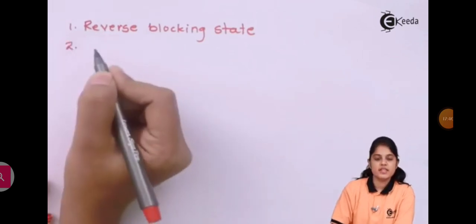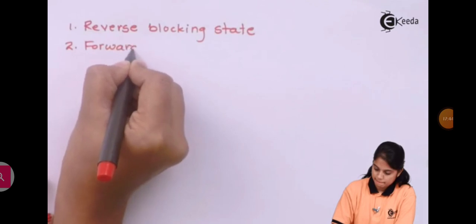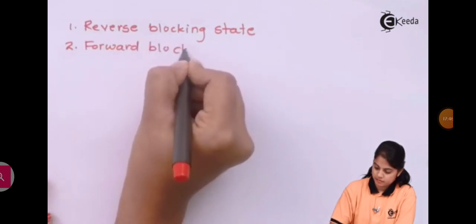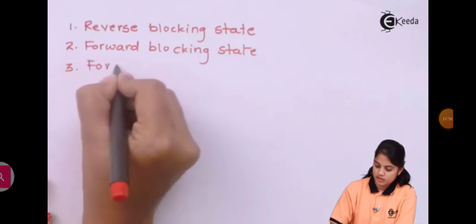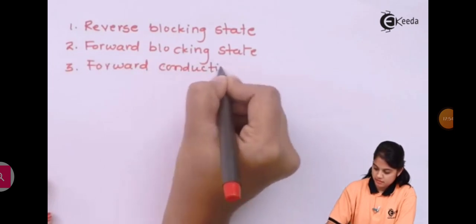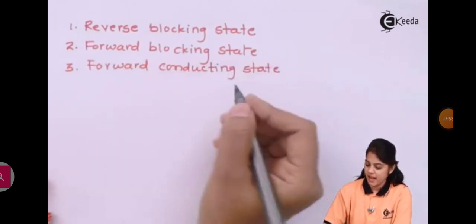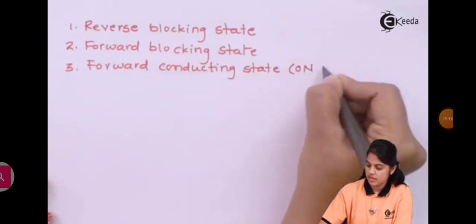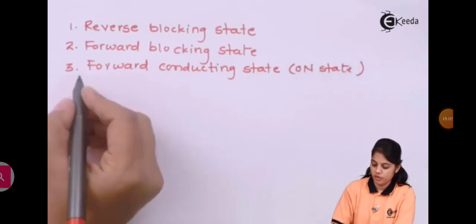Then the second state is the forward blocking state, then the forward conducting state, or you can say this forward conducting state is the on state, because in this state my SCR remains fully on.